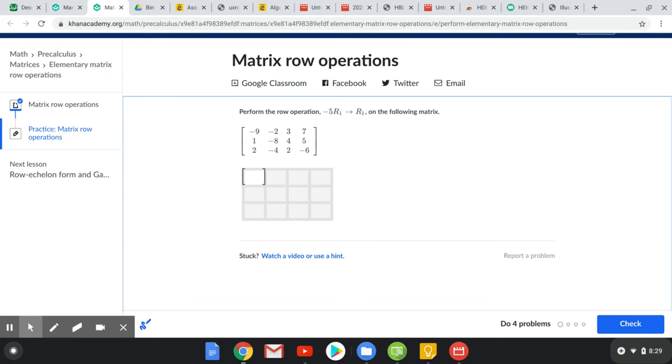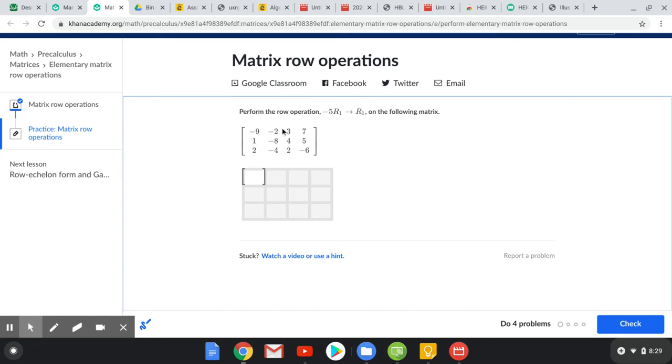We looked at this back when we were doing systems of equations, but they can also be used for other things, like finding inverses, and we will talk about that later on. But right now, I just want to talk about what the row operations are that we are allowed to do that won't change the meaning of the matrix.